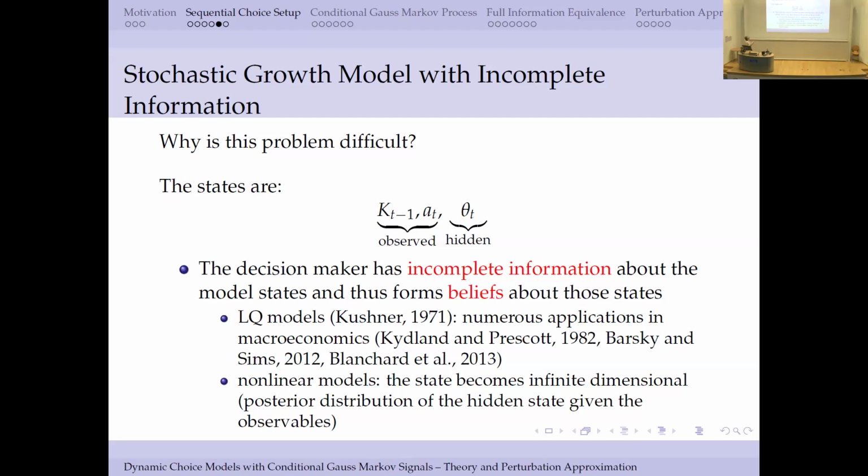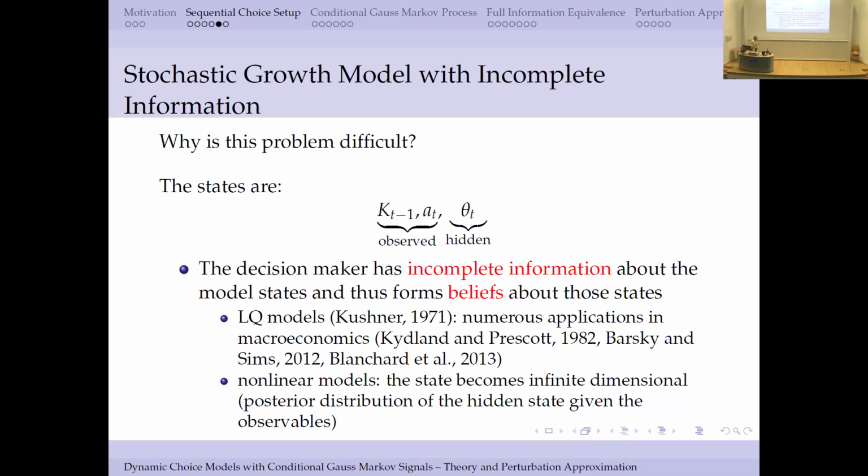So the fact that we have to solve the model using the beliefs has been known for a long time, and it has been studied very well in a specific class of models that we call the LQ models, linear quadratic models. Those are models in which objective functions are quadratic and all of the other equations are linear. And so we know very well how to solve these types of models despite the incomplete information.